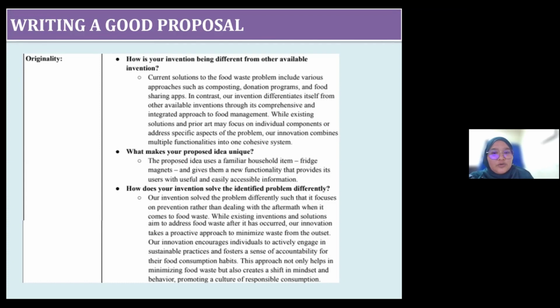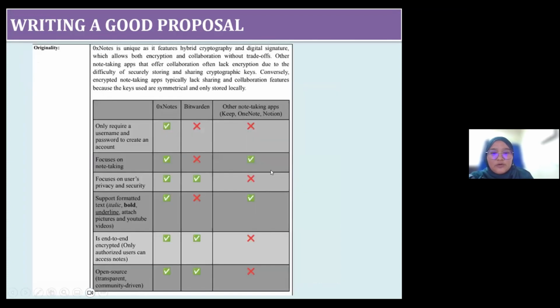Next, I am going to show you how some students or groups showcase how their innovation is different compared to the previous one. They put into a table their differences from the existing products already available in the market, for example, their advantages or differences from the existing product.